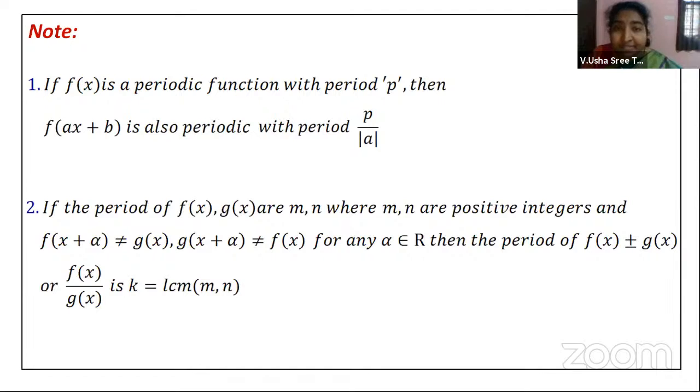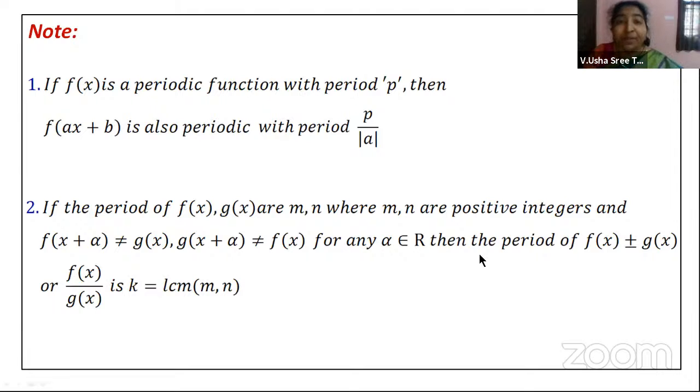In simpler words, I would like to put this in a simpler way. You have two different functions, children, f of x and g of x. If you are asked the period of sine x, you will say it is 2 pi. If it is sine of 2x, then by making use of this point, you will say 2 pi by 2. But if you have sine x plus cos x, how do you find it? Sin x period is 2 pi, cos x period is 2 pi, but you have a plus sign between both the functions.